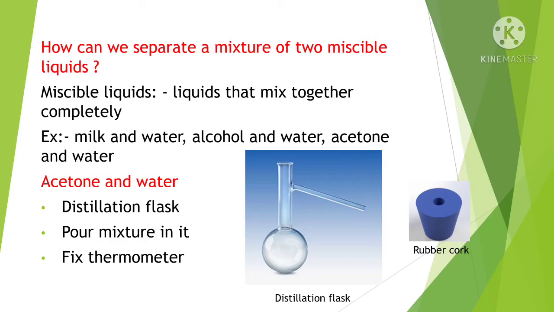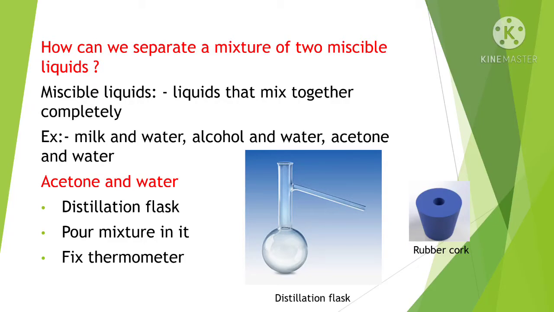When we heat it, the different components present in the mixture will boil at different temperatures, means the components of the mixture have different boiling points. On that basis they will be separated. Acetone and water also have different boiling points, so we can easily separate them by the method of distillation.